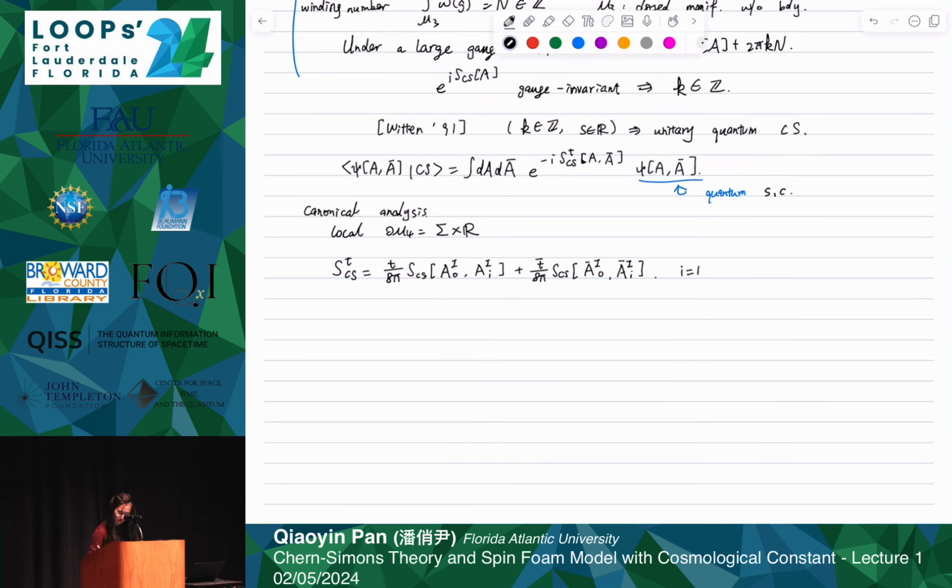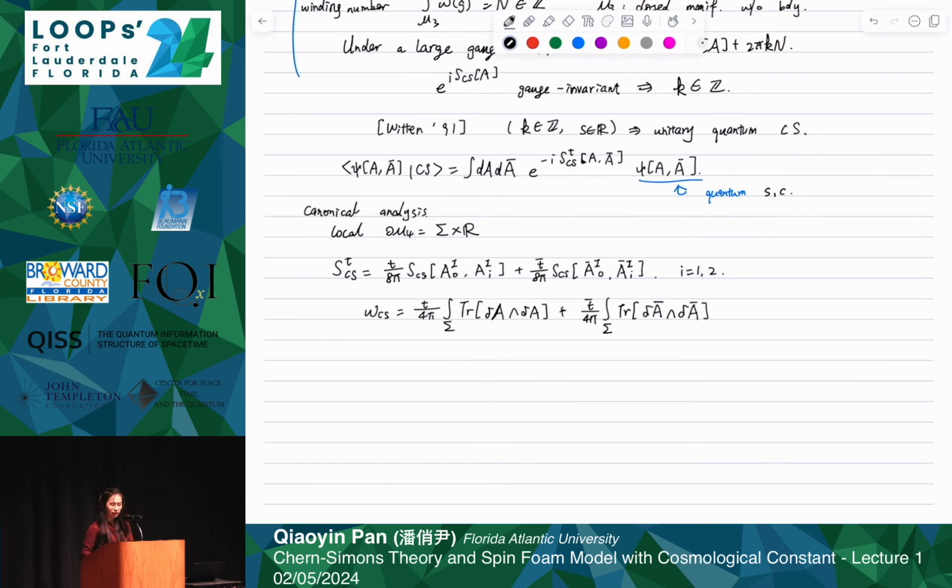Here i equals 1 and 2, because we are in 3D. Then we can write out the symplectic form of this Chern-Simons action, and it gives us T over 4 pi, integral over the 2D space, of the trace of delta A, wedge delta A, plus the other part, the complex conjugate part, or the anti-self-dual part.